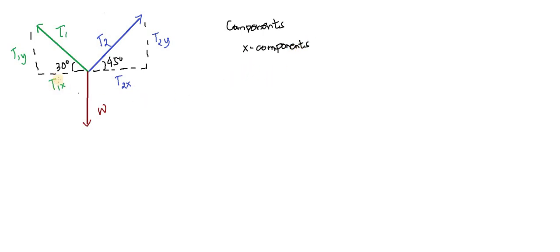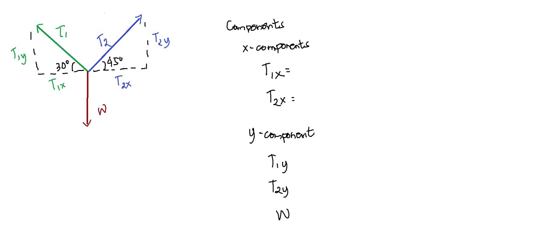For our X component, as you can see, we have two X components: T1 sub X and then T2 sub X. For our Y component, we have here T1 sub Y, T2 sub Y, and then the weight.